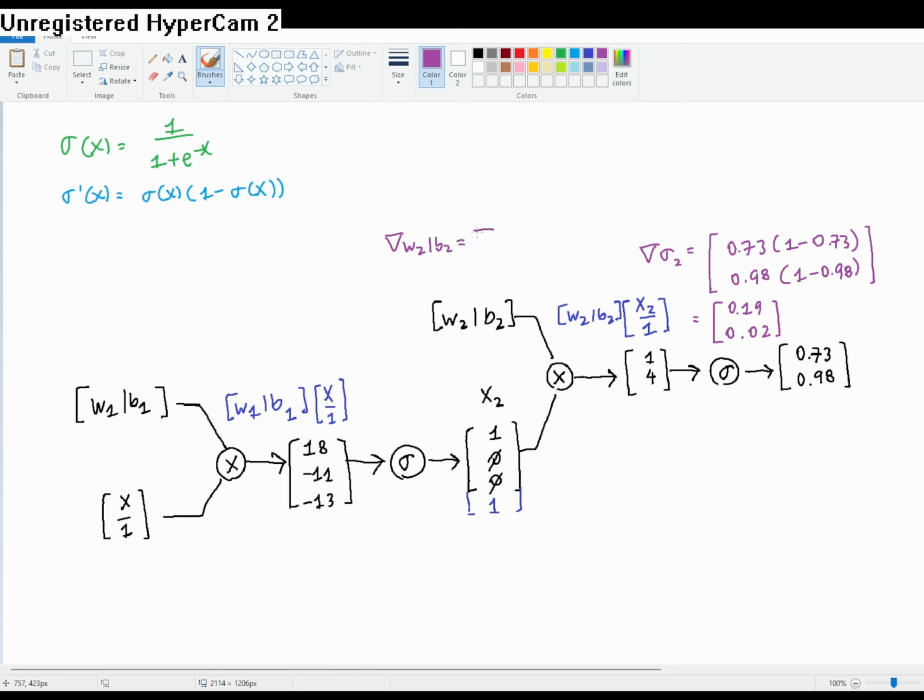It's going to be the second sigmoid gradient multiplied by x21 transpose. Whoa, that is daunting. And I'm going to write the other one here. This is going to be the gradient of x2, and this is going to be the second weight, second bias, transpose multiplied by the second sigmoid.